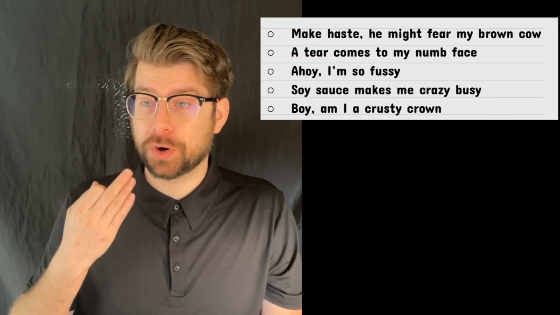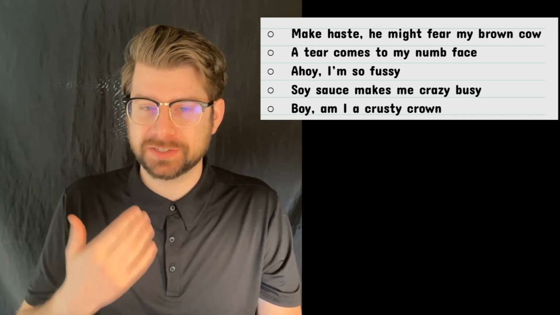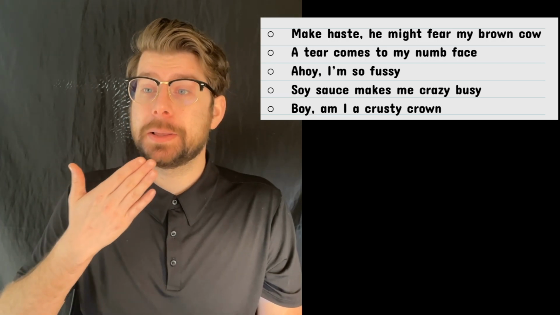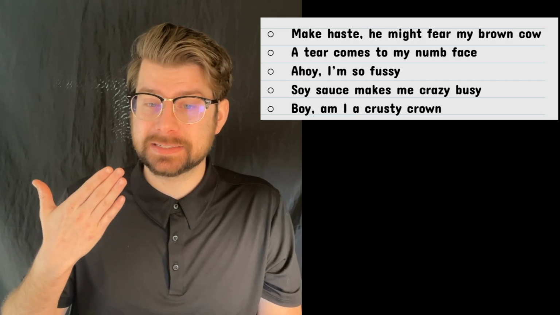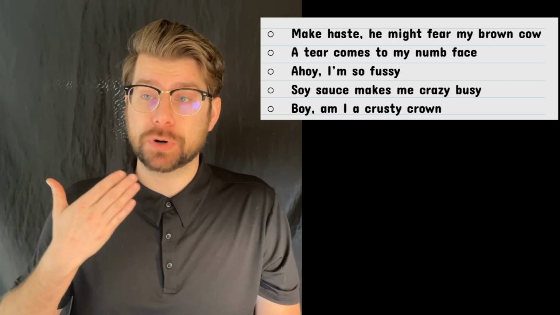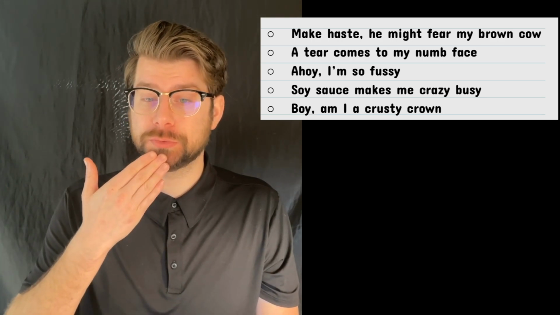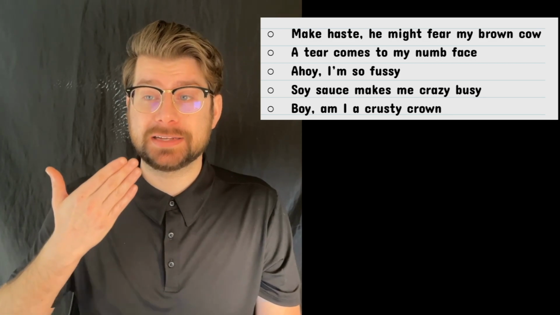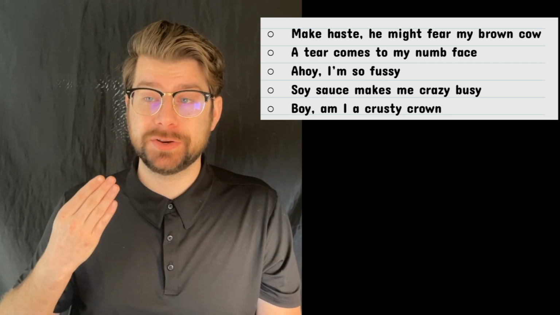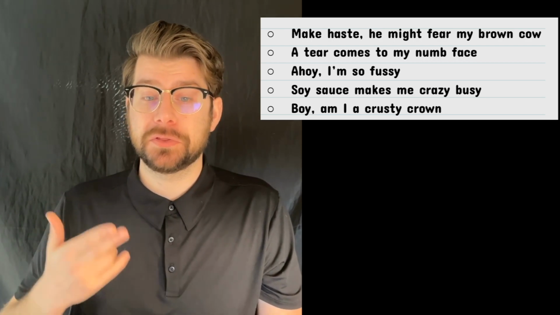Now for 5 more, you pause here and then I'll cue them all after. 1. Make haste. He might fear my brown cow. 2. A tear comes to my numb face. 3.